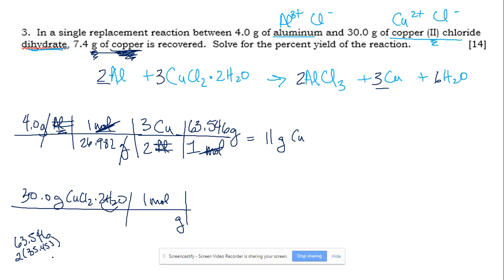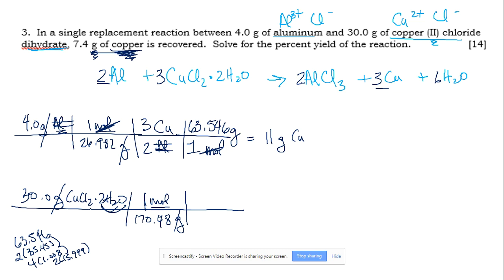I actually need 4 hydrogens and 2 oxygens. Add all those up and we get 170.48 grams per 1 mole. So now grams are finally gone. We're going to turn our grams into moles.